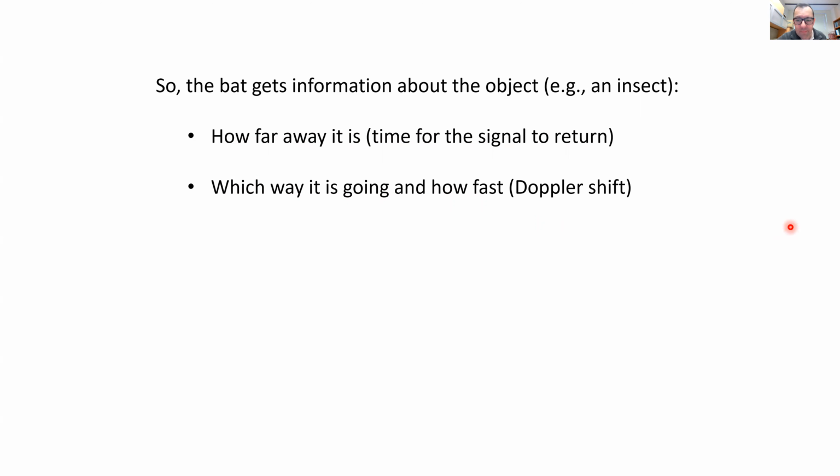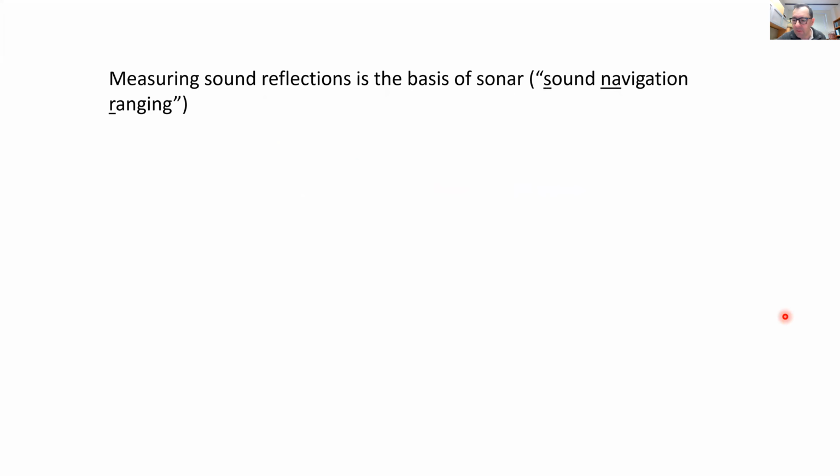Okay, so the first of these, receiving information about how far away it is by measuring how long it takes for a signal to bounce off an object and return, is the basis of sonar, which stands for sound navigation ranging. So this is a way that you can locate things underwater.